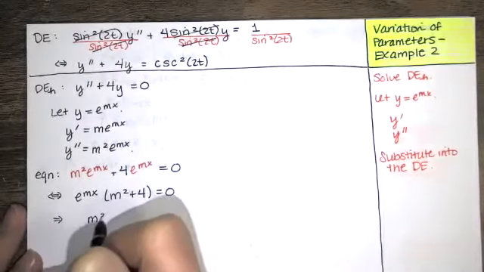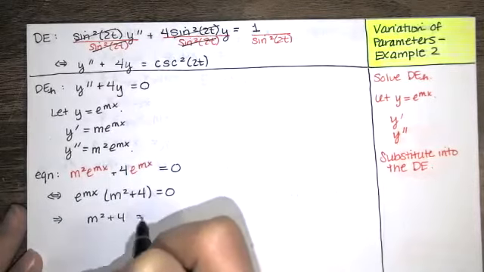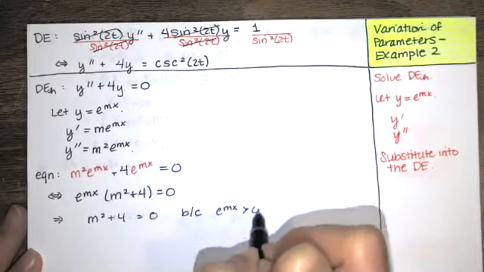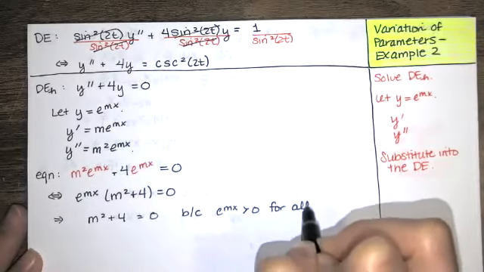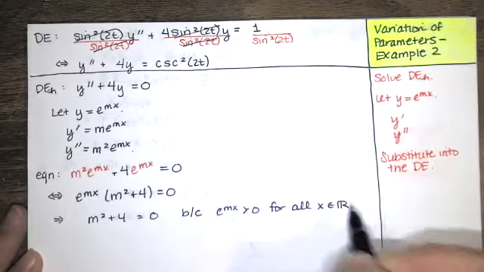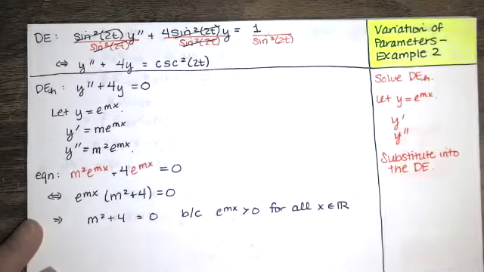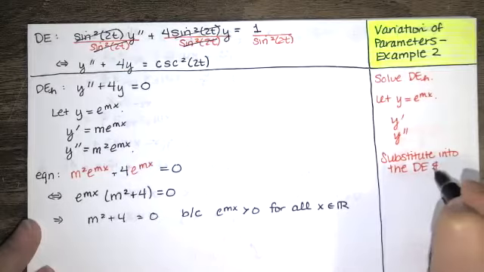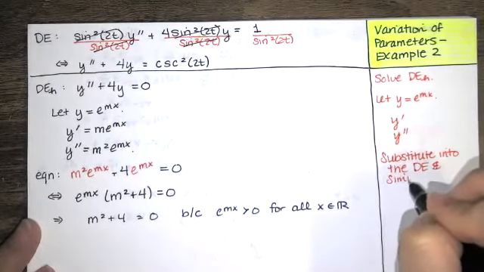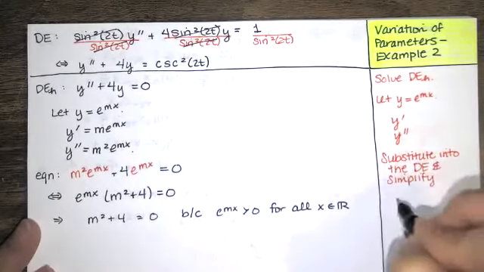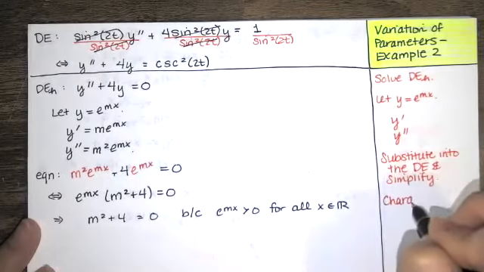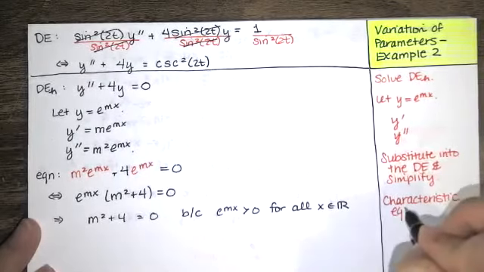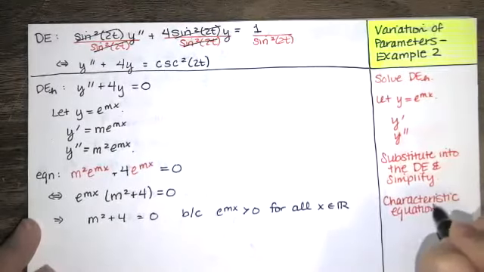They're actually never even negative. So we have m squared plus 4 must equal 0. So we substituted into the differential equation and we simplified. And then eventually we got to our characteristic equation.